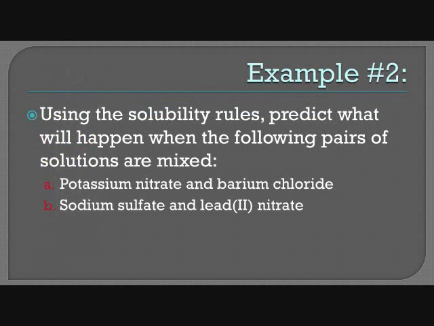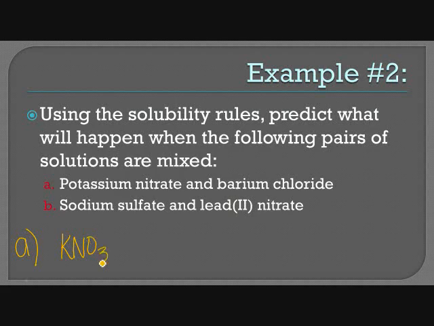Okay, so using solubility rules, let's predict what will happen when we mix the following two solutions. The first one is potassium nitrate and barium chloride, and the second one is sodium sulfate and lead 2 nitrate. Okay, so I'm doing A first. Potassium nitrate, potassium has a +1, nitrate has a -1, so that is KNO3.